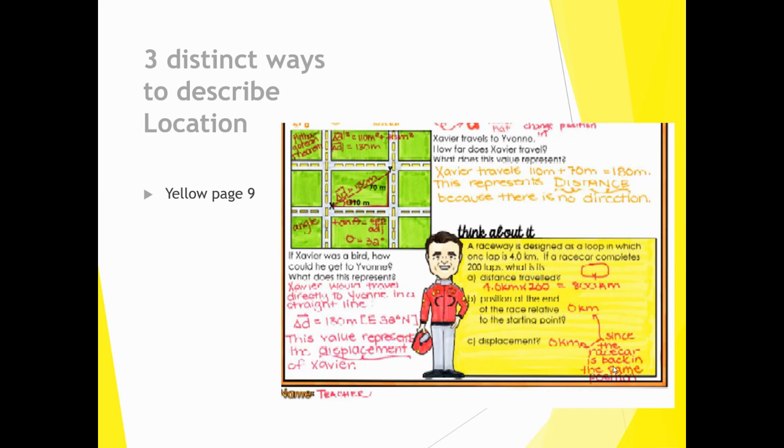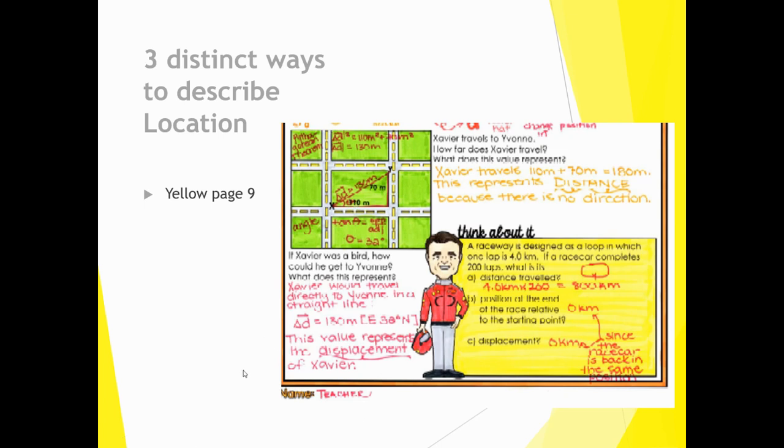So the bottom half of this has a couple of examples. So Xavier travels to Yvonne, and how far does he travel, and what does this value represent? So he travels 110 meters plus 70 meters, so that's 180 meters, and that represents the distance because there's no direction, and that's the path that he had to take going on the street. But if he was a bird, he would be able to fly straight over there, which would be like a Pythagorean theorem hypotenuse problem.